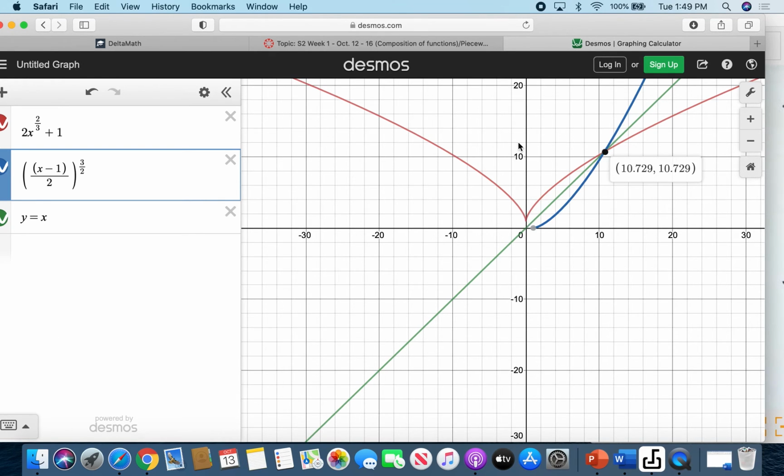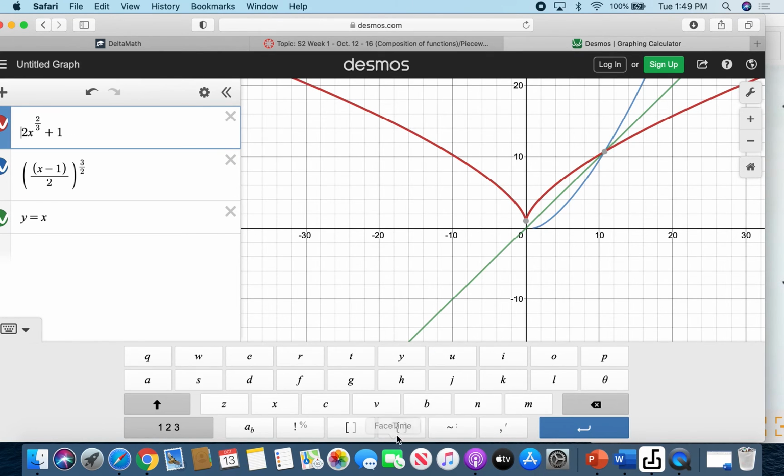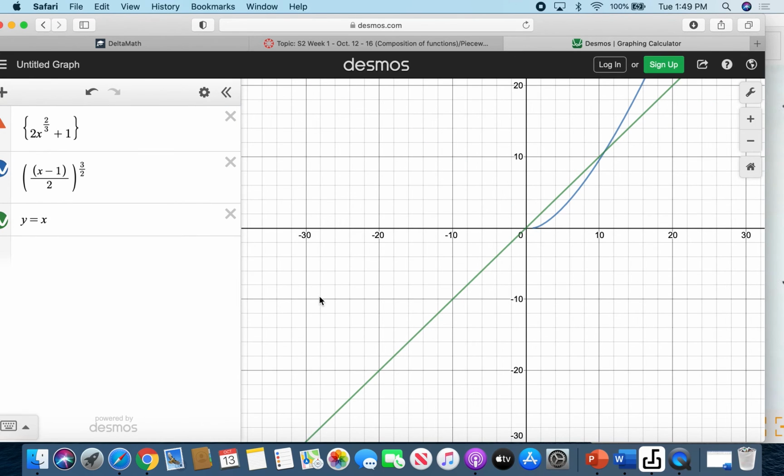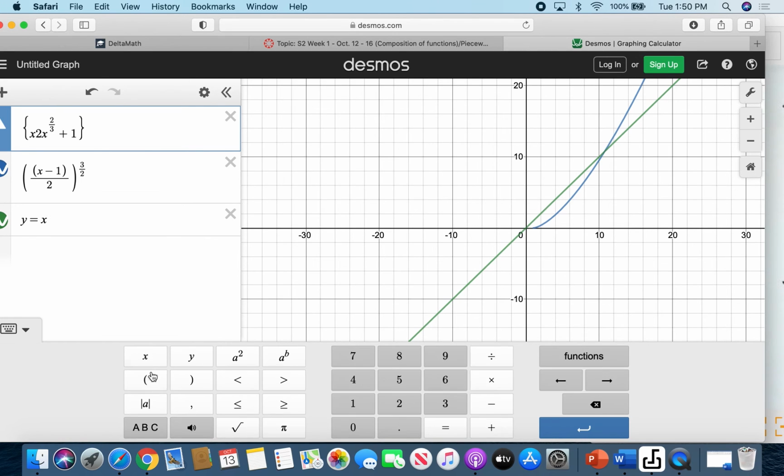Now, there is supposed to be a restriction of the domain here. Our x here is greater than or equal to 0. So if I'm going to put a restriction here, it will show you the proper way of doing things. So x is supposed to be greater than or equal to 0.